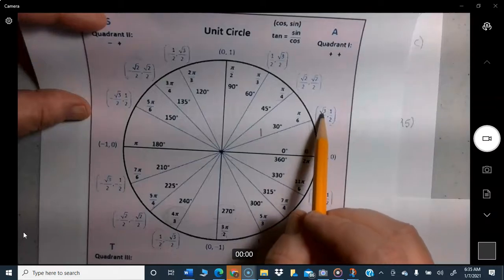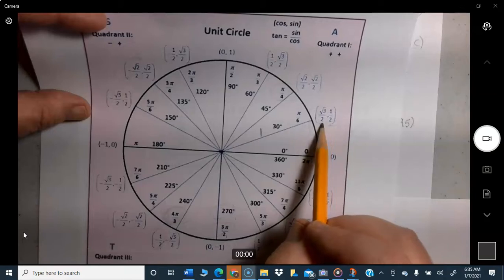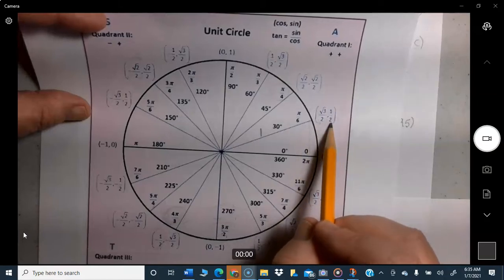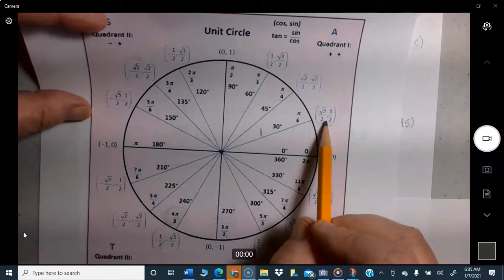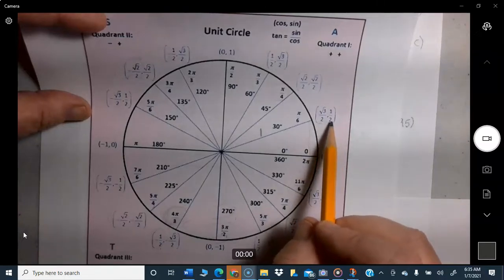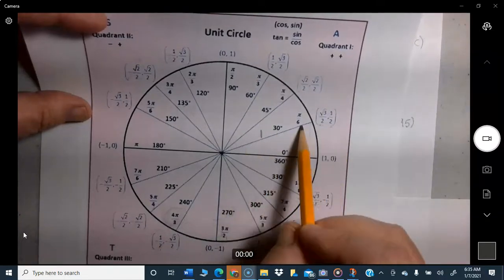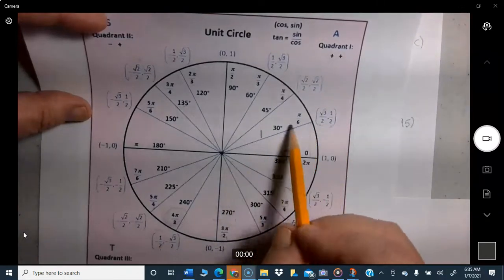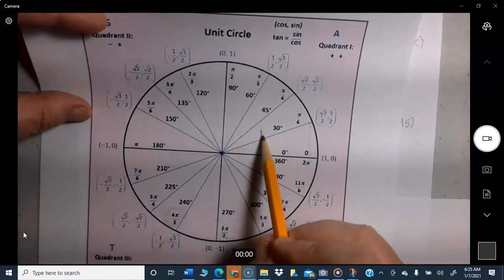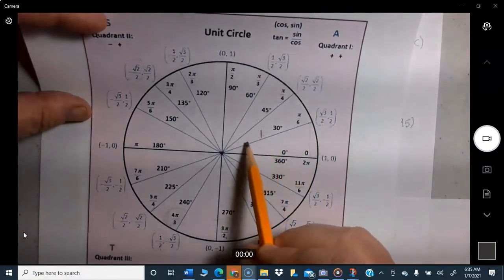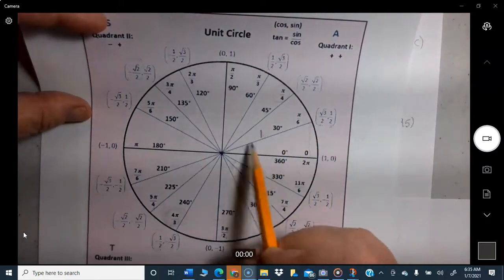The square root of 3 squared is 3, and 2 squared is 4. So this becomes 3/4, this becomes 1/4, and that equals 1 when you add those together. Sine squared plus cosine squared equals 1, which is the hypotenuse. That's what it should equal, because that's actually hypotenuse squared, but 1 squared is simply 1.